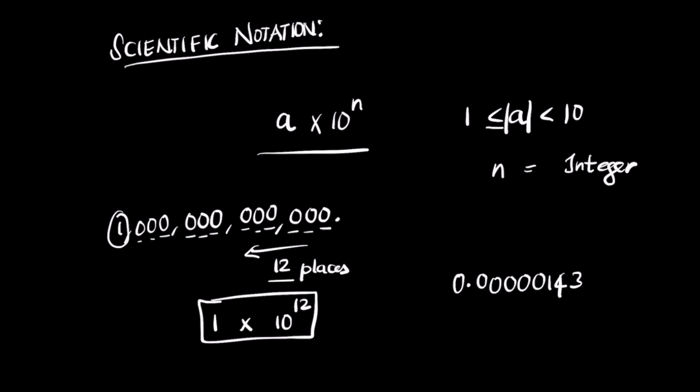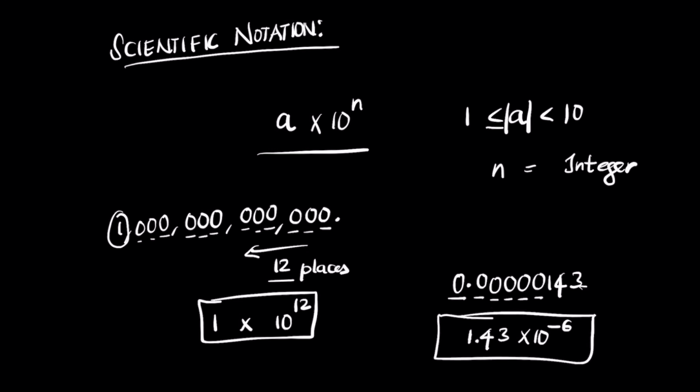You're going to start from the first 0. 1, 2, 3, 4, 5, 6. So now we have 6 places. Always count the 0 even before the decimal point as well. Now what do you do with the other numbers? Write down 143 but put a point after 1. So 1.43 into 10 to the power of negative 6. So this is how you convert this value into a scientific notation.